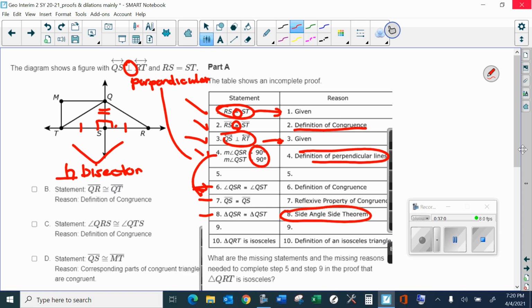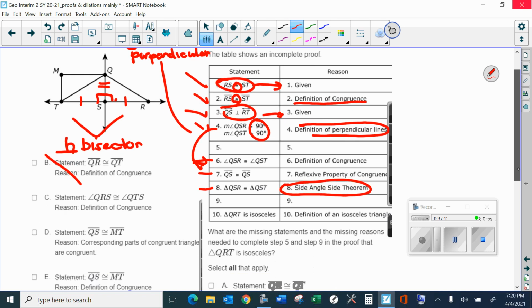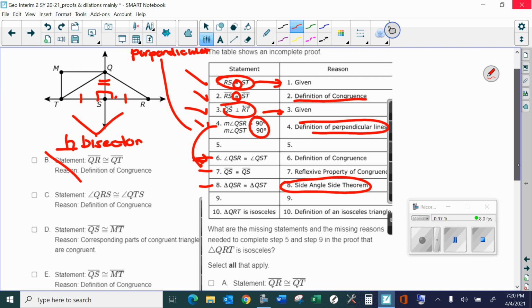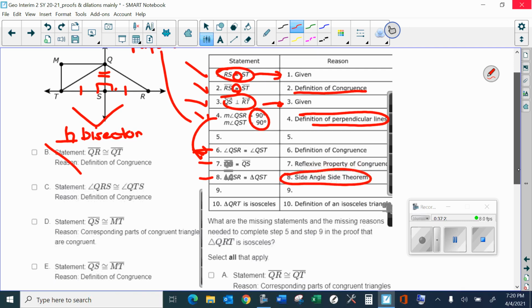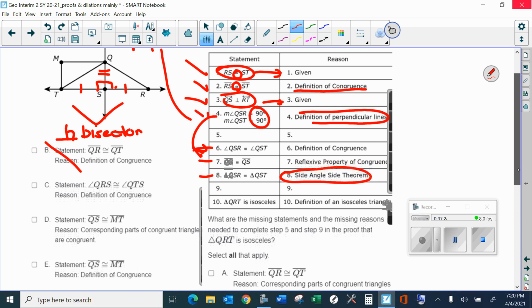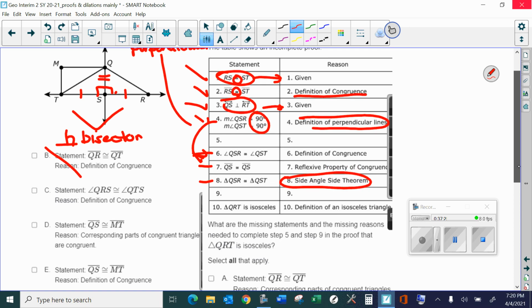The two angles are congruent. Statement QR is congruent to QT. We can't say that. That's out. So I'm going to go down the order here. Angle QRS is congruent to QTS. I can't make that statement right now.